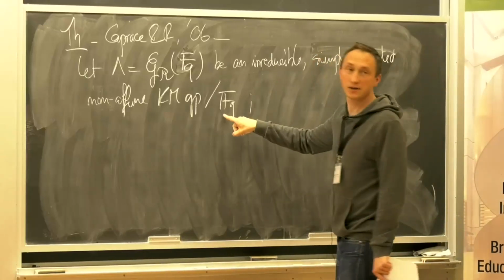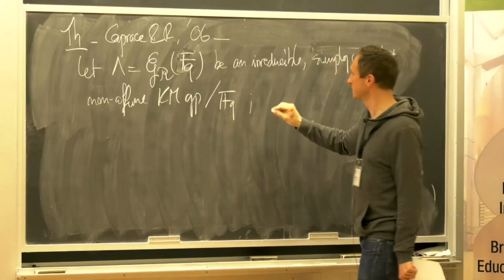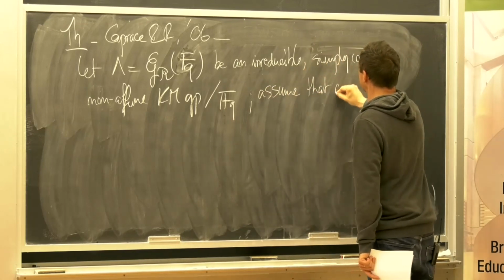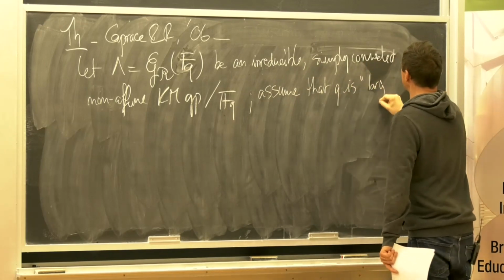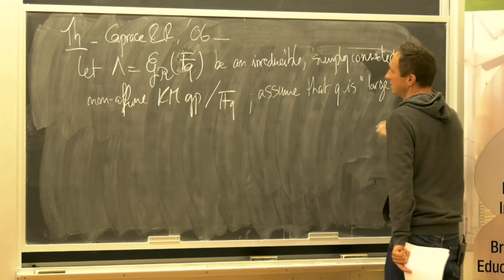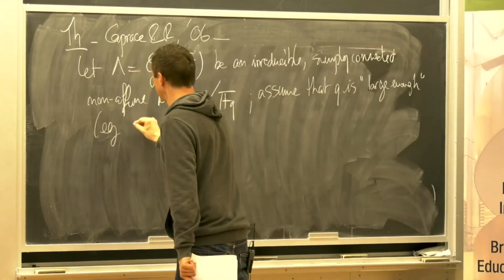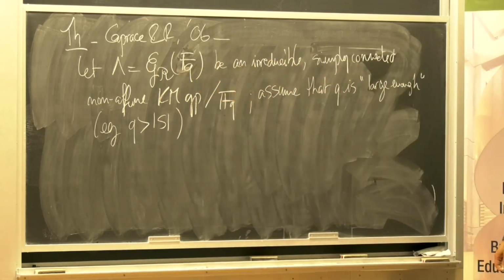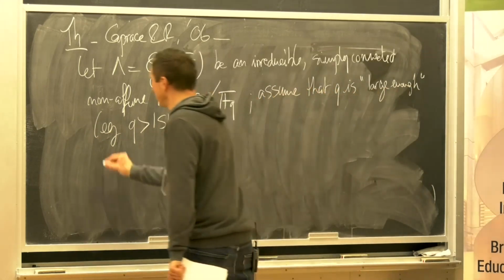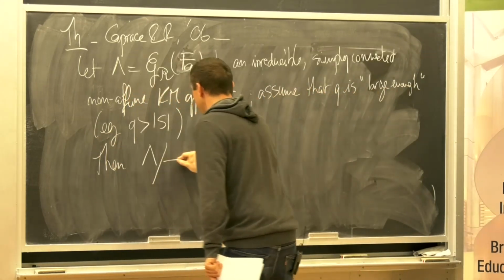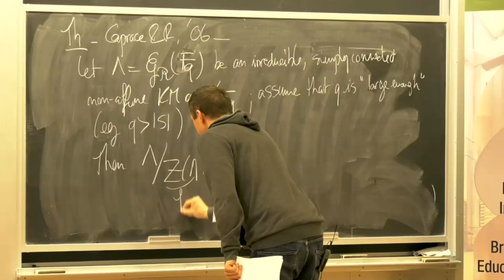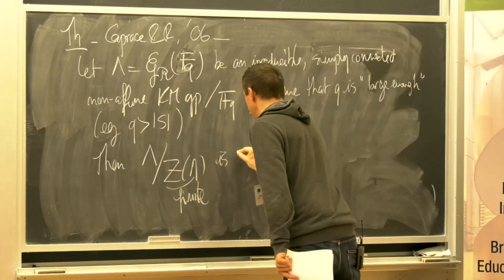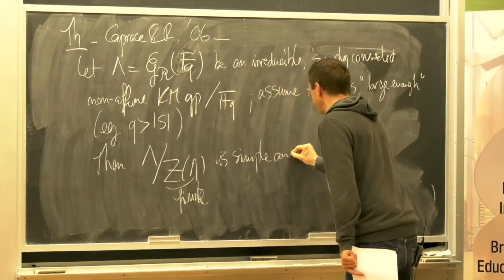And I assume that F_q is large enough with respect to the generalized Cartan matrix, which is mild: for instance, q bigger than the size of the Cartan matrix is enough. So it's completely explicit. Then Lambda divided by its center, which is finite, is simple and finitely generated.